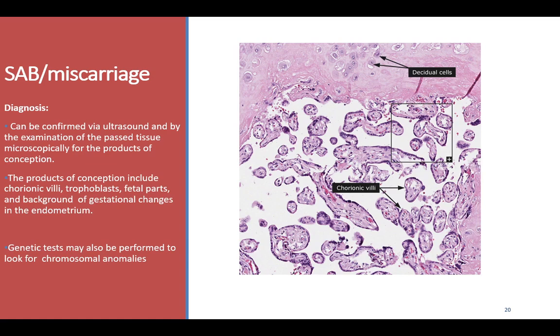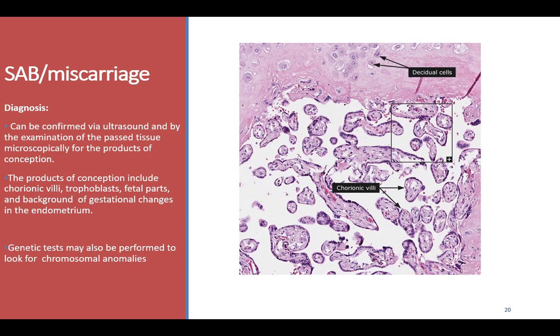The patient passing a tissue, passing bloody tissue, clots, whatever, it looks like abortion or miscarriage. It's not enough at all. Sometimes it creates a lot of medical legal issues. So we need to confirm the abortion, the product of conception, or the miscarriage.